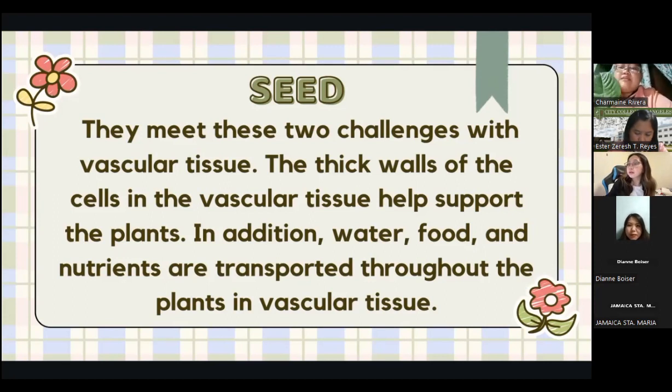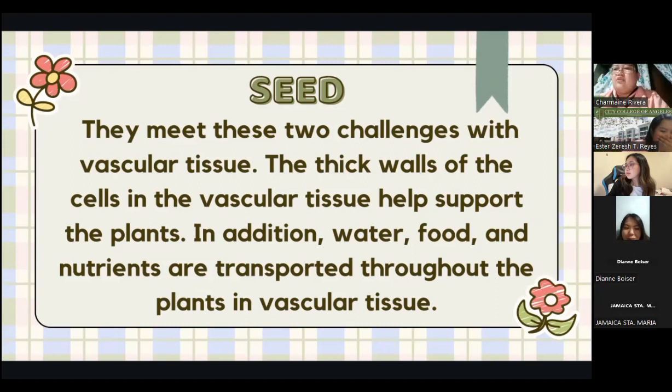Dayan, what are the basic parts of the plant? Stem, Jamaica. Very good. What else? Flower, shoot. Very good. Okay, the second question is, are the plants useful to us? Yes. Yes, very good, students.